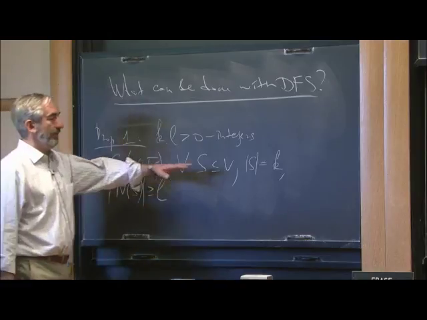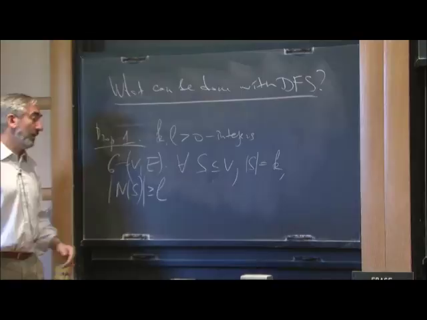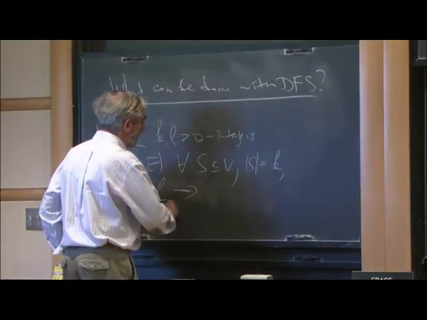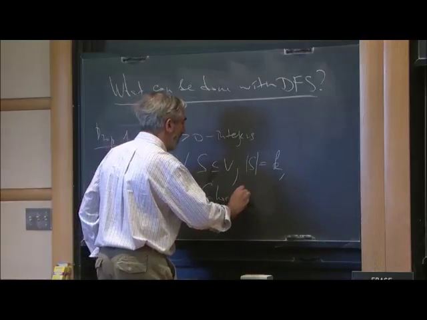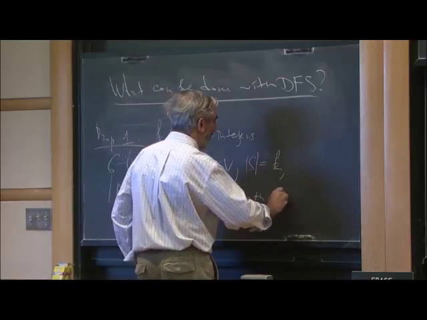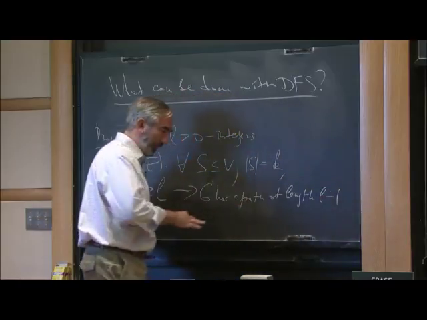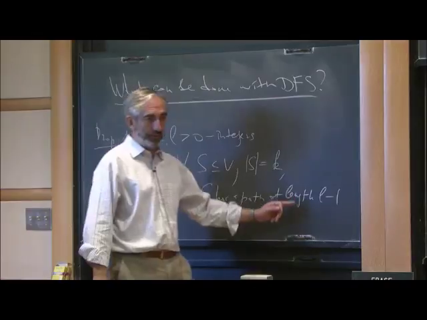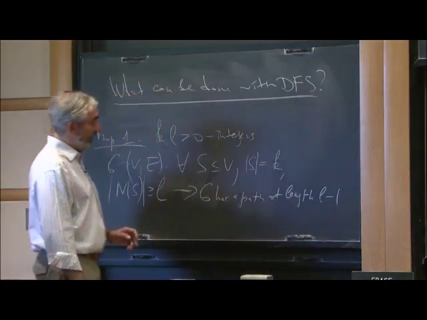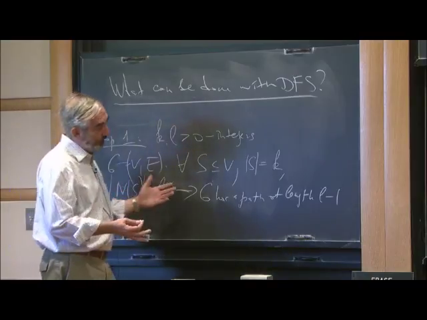You assume that every k-element set sees outside at least L elements. Then the claim is that G has a path of length L minus 1. So path lengths are usually measured in edges, and therefore what I get here is L vertices or L minus 1 edges.